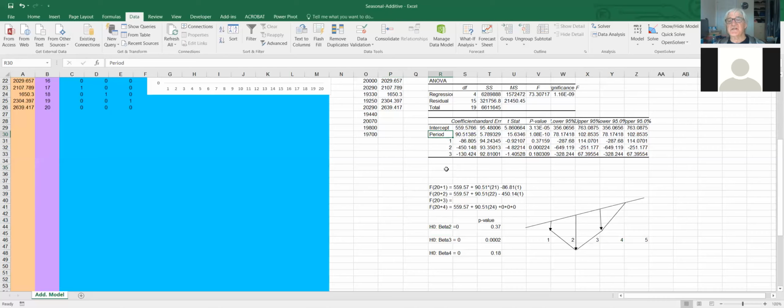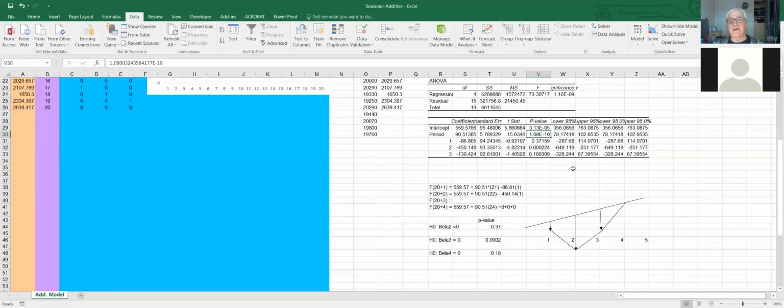You test to see if the coefficient beta 1, which is the slope, could be 0. So you put the null hypothesis, beta 1 equals 0, and you try to reject it. You reject it if the p-value is small, which is indeed so. So that's how you verify that it is justified to include a linear trend in your model.